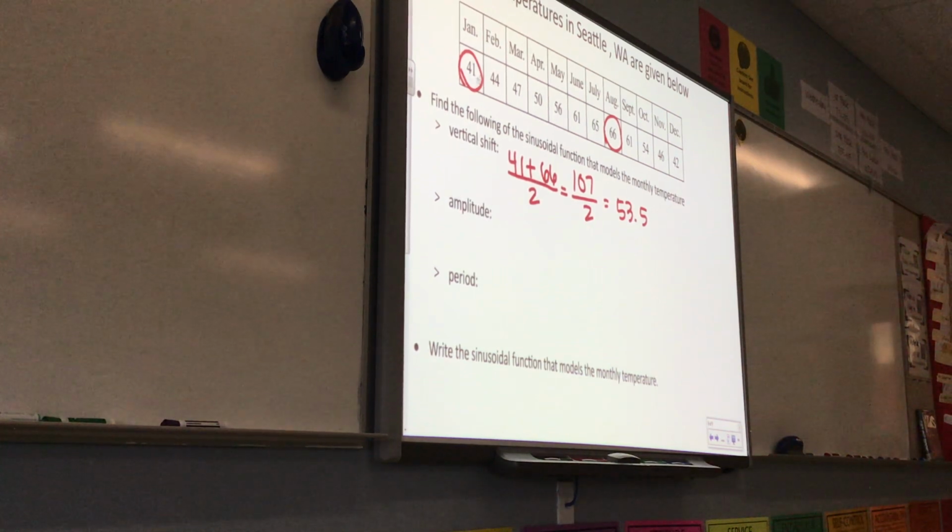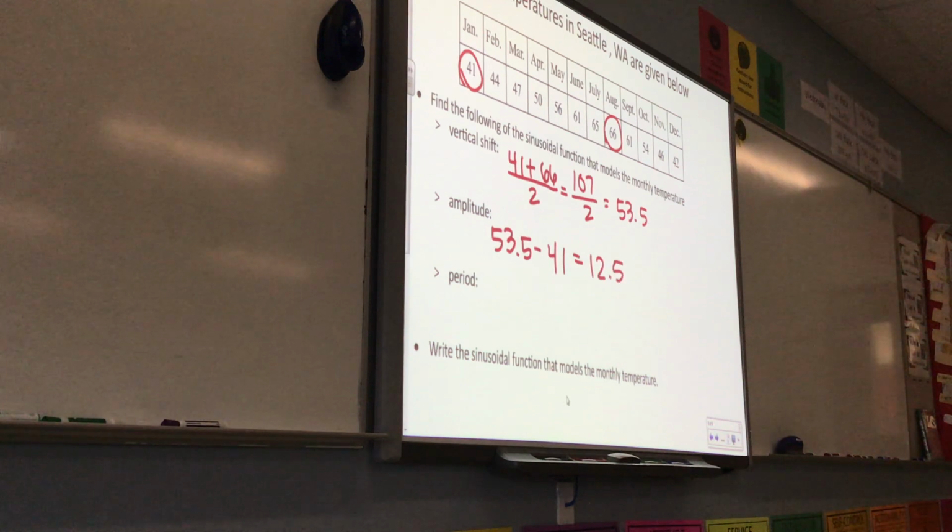How far away is 41 from 53.5? You can do whichever one. How far away are they? 12.5. Good. My period, how long does it take to go through the cycle? How long is a year?